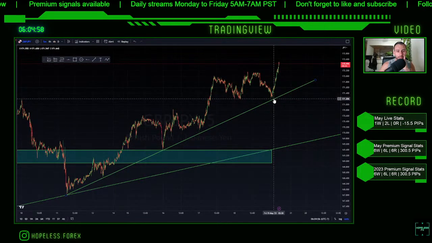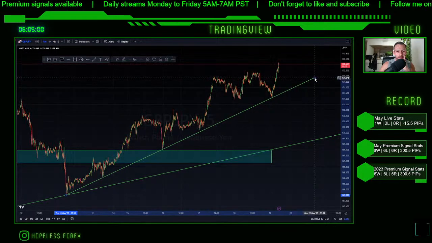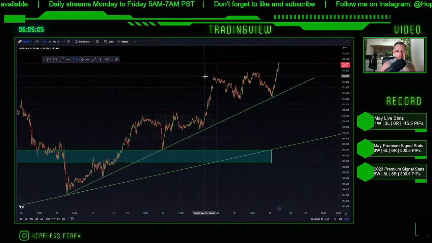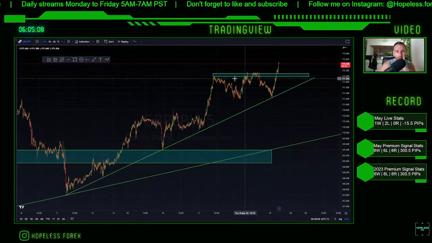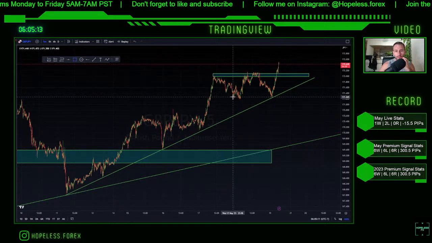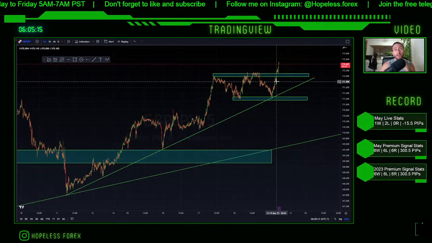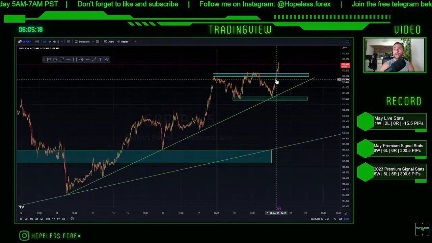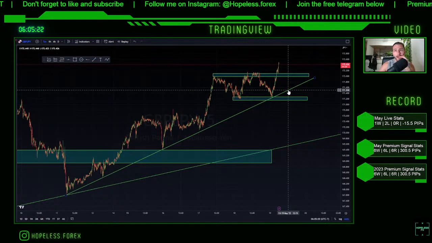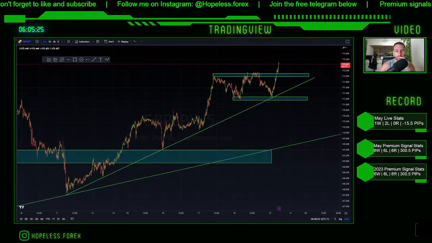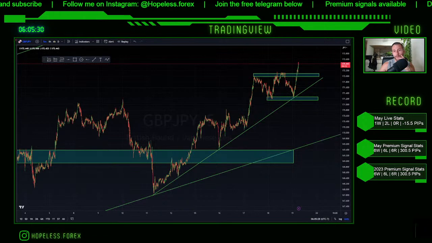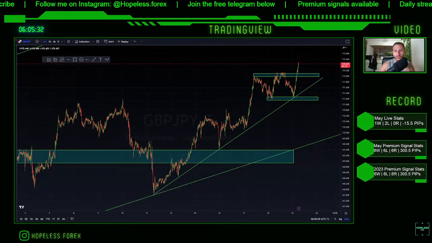We have this decent ascending trend line with 1, 2, 3, 4, 5 points of contact. We have this sort of level of resistance. Again, sort of level of support. I mean, all the yen pairs are pretty much looking pretty freaking correlated right now. This looks very similar to the other pairs, so I can't say there's anything special about this market structure that makes me want to take it as a buy over any of the other ones.